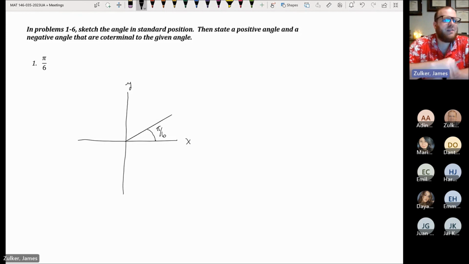I'm going to say in each case, let's say phi is the positive coterminal. Well, remember, coterminal: just add any multiple of 2 pi to it. It'd be coterminal.